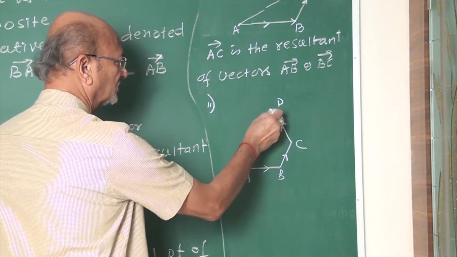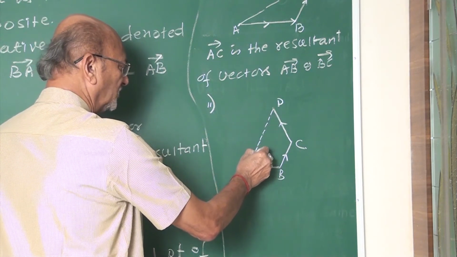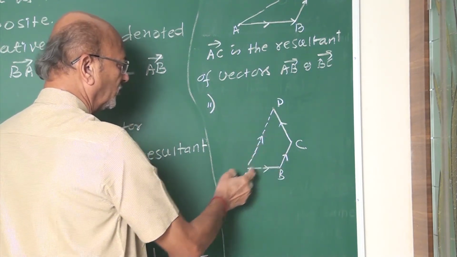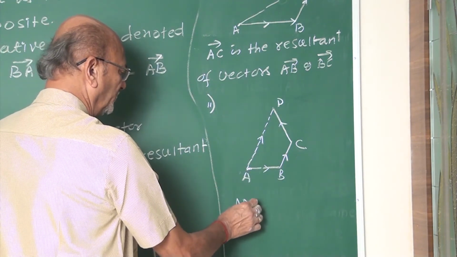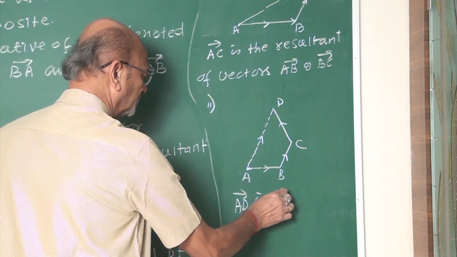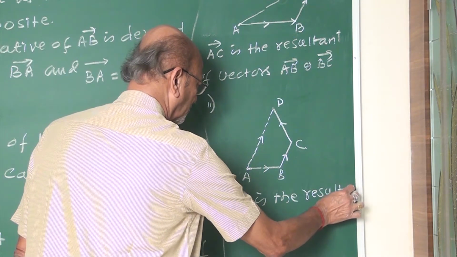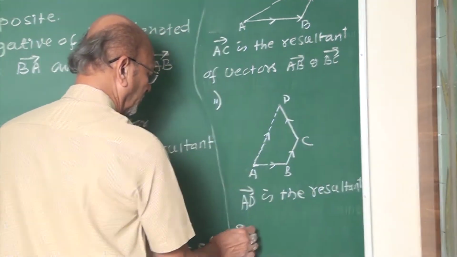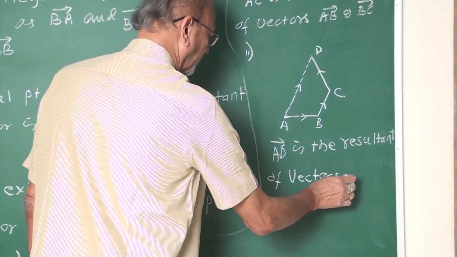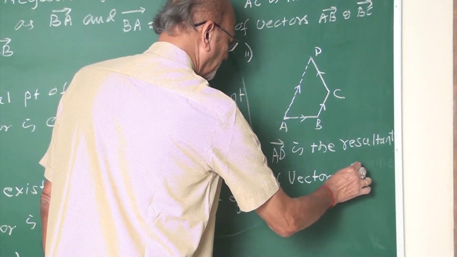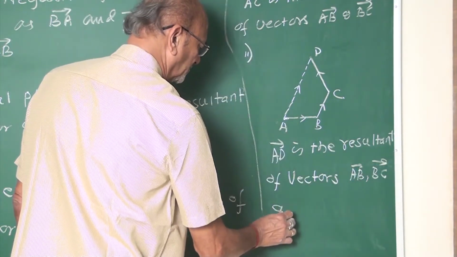Then what is the resultant? It is a line joining the initial point to the end point. Then vector AD is the resultant of vectors AB, BC and CD.